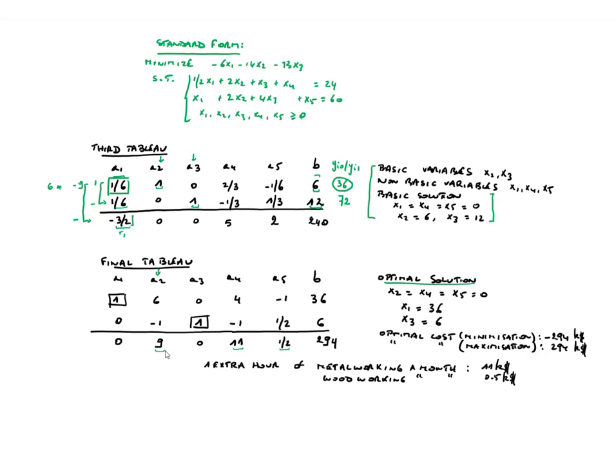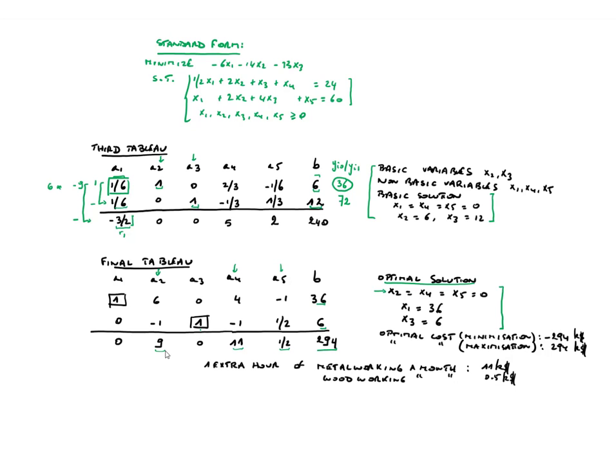If you set the non-basic variables to 0, this is what is done over here, you can read the solution for x1, it's 36, and for x3 it's 6, right? So this is the optimal solution. Of course, as usual, you should always check that it meets the constraints, right?